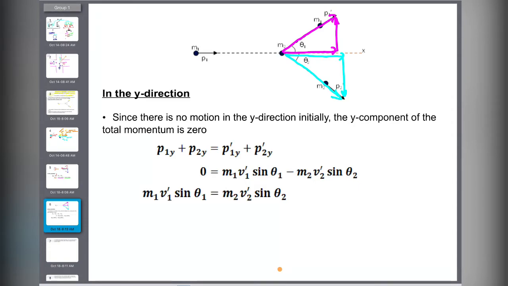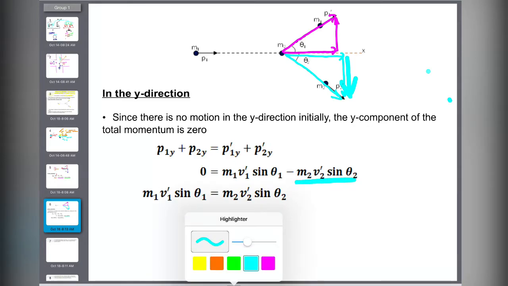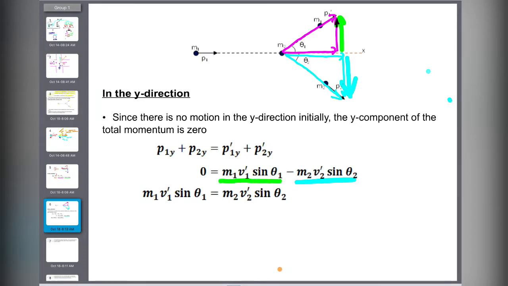Okay, and m1 v1 sine, so this line right here is this guy, and this guy right here is this guy. Okay, the opposite, like do you see how this is m1 v1 prime? Opposite is the sine of theta. Okay, so all they did is then they moved this guy over to the left, and that's how you got them positive.